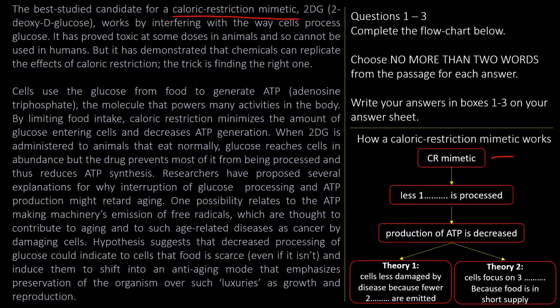So the answer is here: glucose. Limiting food intake, caloric restriction minimizes, see, reduces, that means less is produced. You see that where the answer is glucose, we found the answer over here. Now, even though there are no blanks here, still this will definitely be provided in the passage after the first one.